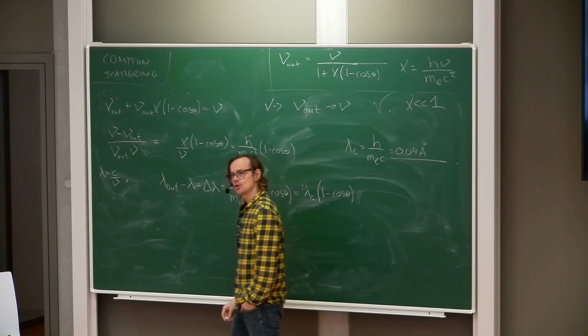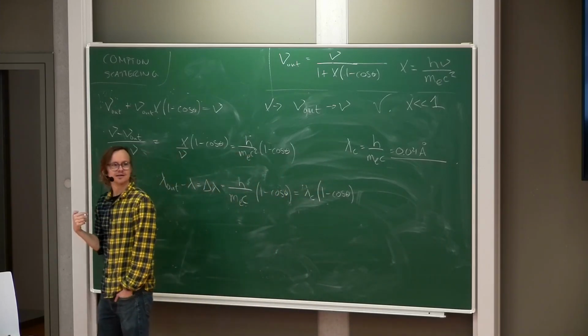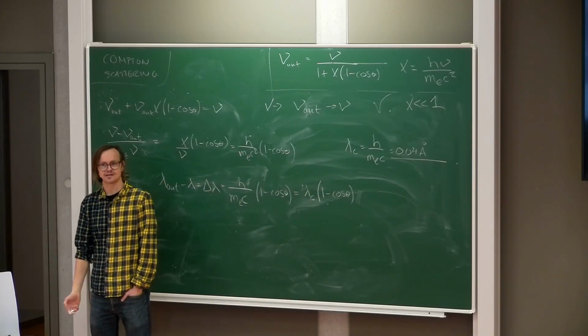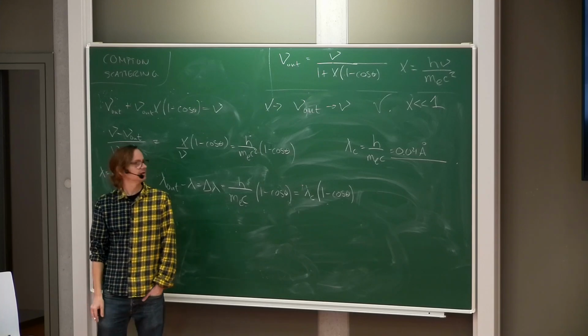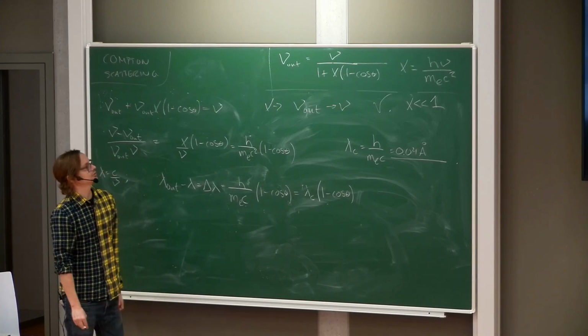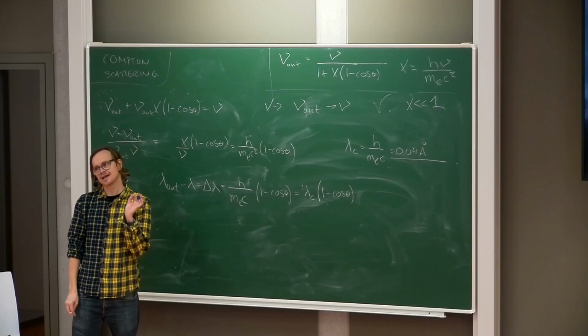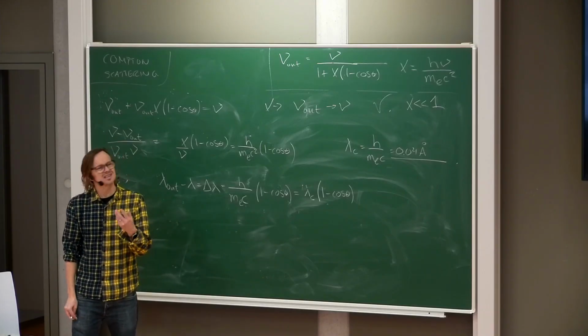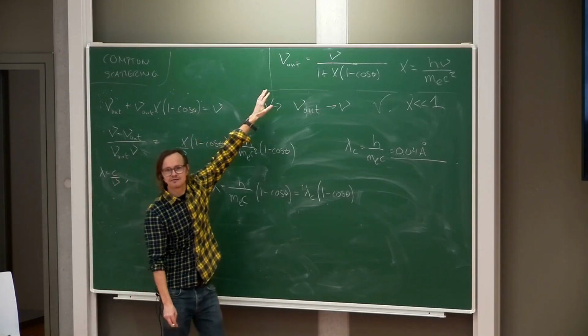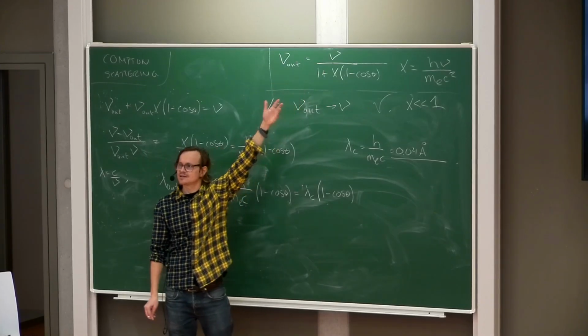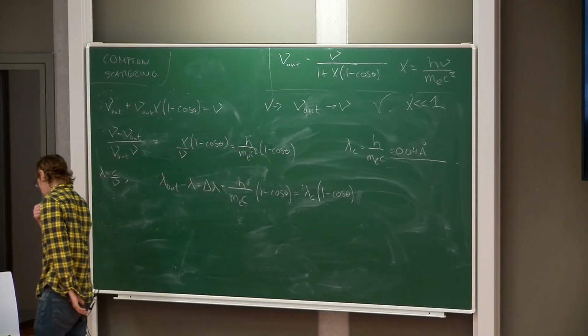So this is to show you that in each of these Compton scatterings, the wavelength gets increased by up to 0.04 angstrom. So a tiny effect indeed, which must be because we have to preserve the elastic limit.